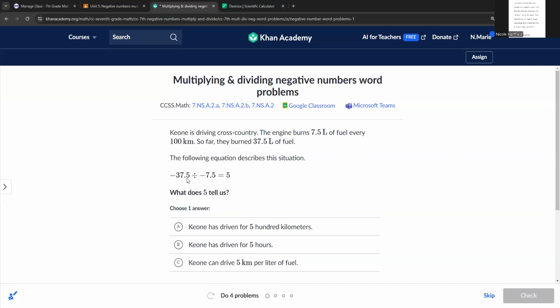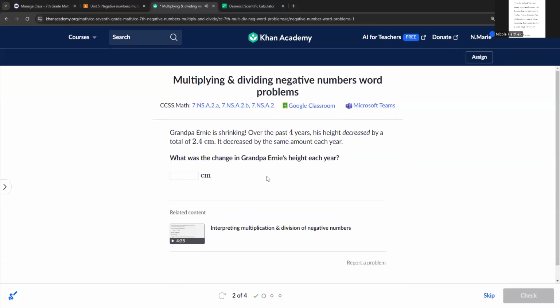So this is the total that they lost, which is why it's negative, divided by how much is lost per 100 kilometers is 5. What does the 5 tell us? That this person has driven 500 kilometers, not 5 hours. 500 kilometers, not 5 kilometers, 500, right? Every 7.5 is 100. So it would be A.